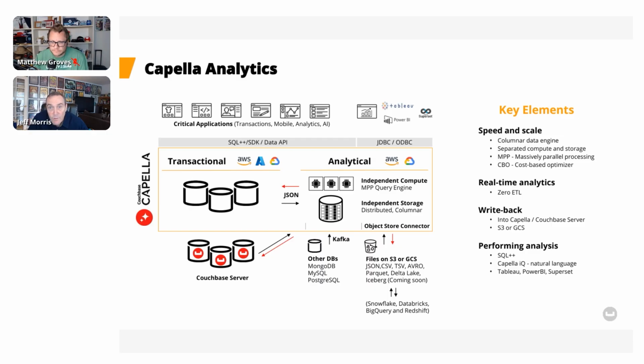But it's a column store that does clever things like separates your compute from storage, as good analytic systems do, supports reads and writes of very, very popular file-based data, as well as data directly from within Couchbase, or data from other systems like your other operational systems like Mongo or DocumentDB or Postgres or whatever.